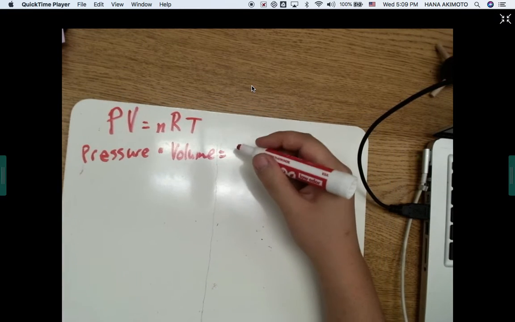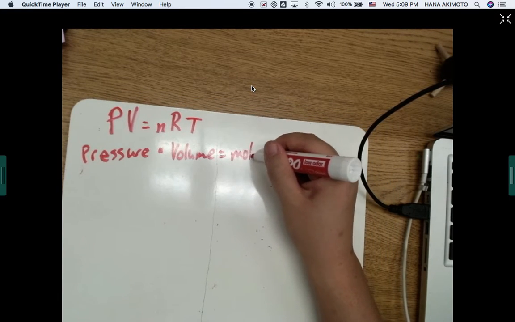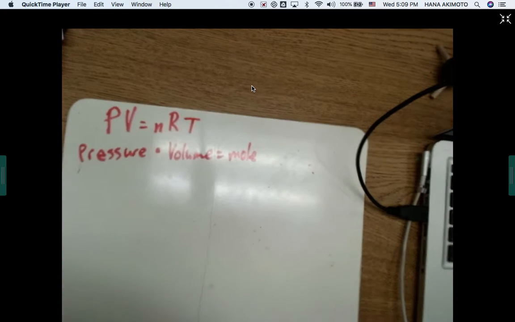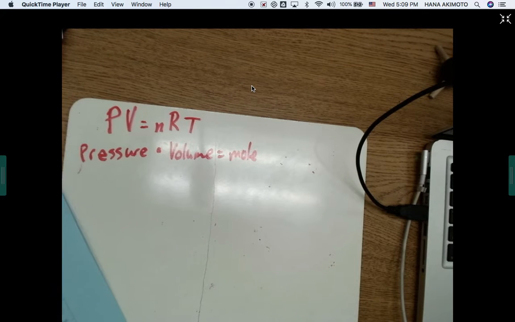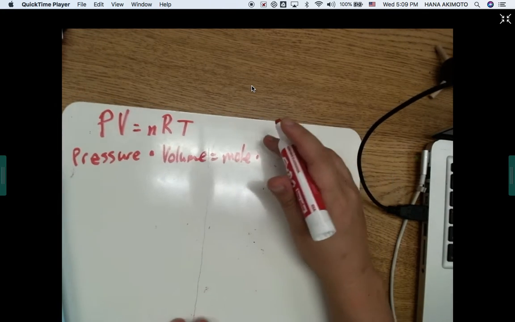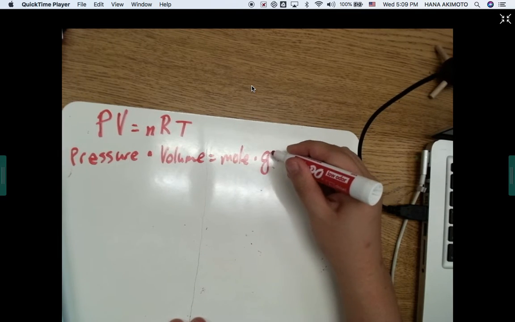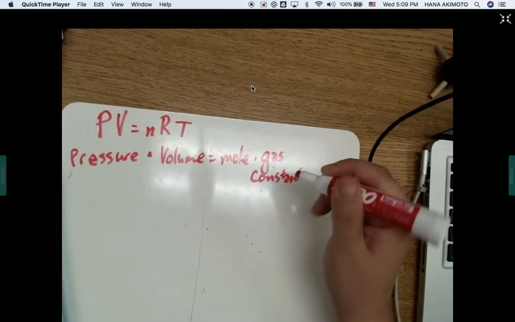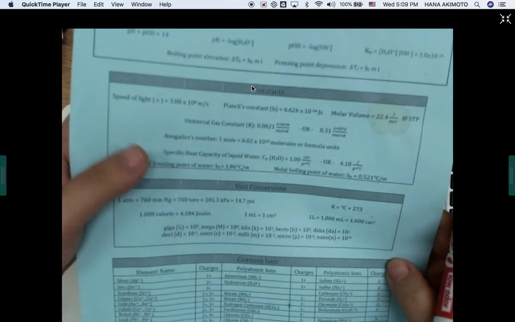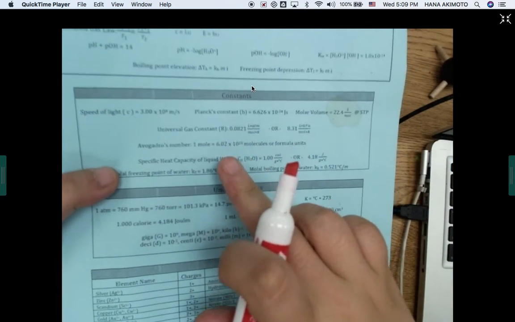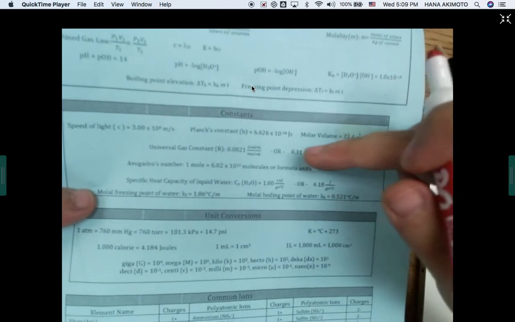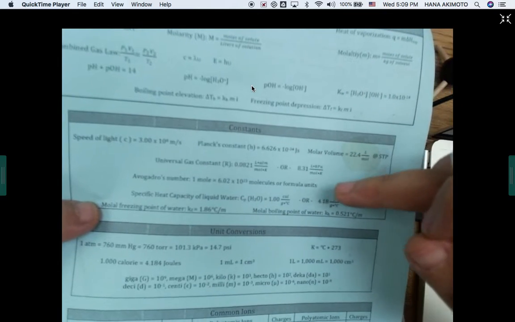equals n, which is moles, and then R, which is your gas constant, which is either going to be here or here, depending on what your units are.